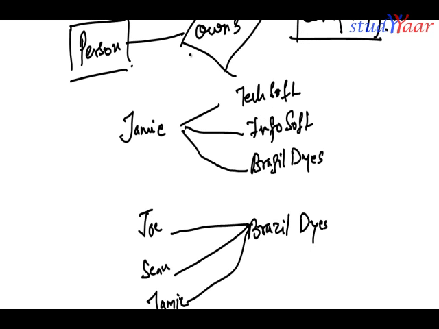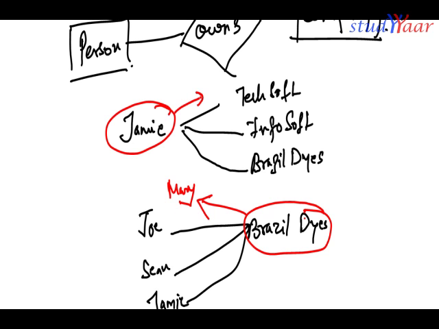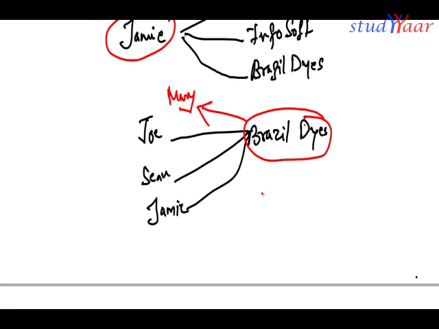So at this end, one Brazil Dyes to many persons, and at this end, one Jamie to many companies. So we have an m:n or many-to-many kind of relationship here.